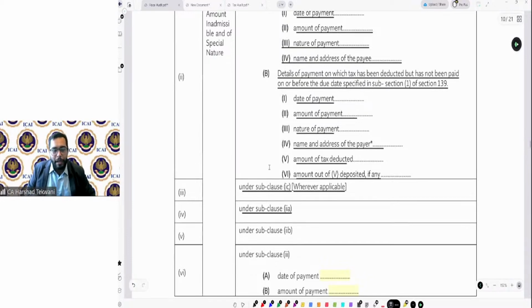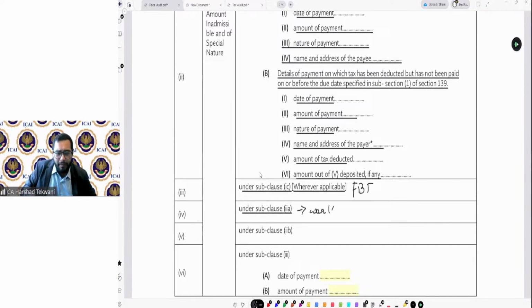Under clause 2A, any sum paid on account of wealth tax. 2B, any amount paid by way of royalty, license fee, service fee, privilege fee, service charge, or any other charge which is levied directly or indirectly by the state government or a state undertaking.